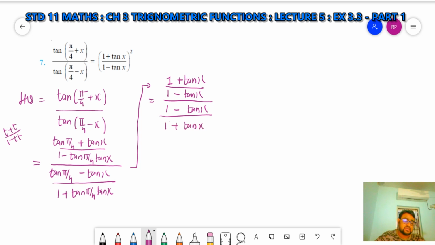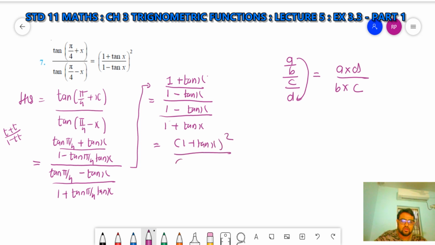Okay, so when there is a ratio like this, a upon b upon c upon d, then if I want to write this ratio as a single fraction, it will be a into d, these two get multiplied, upon b into c. So this will be equal to (1 + tan x) into (1 + tan x), (1 + tan x) whole square, upon (1 - tan x) into (1 - tan x), (1 - tan x) whole square.